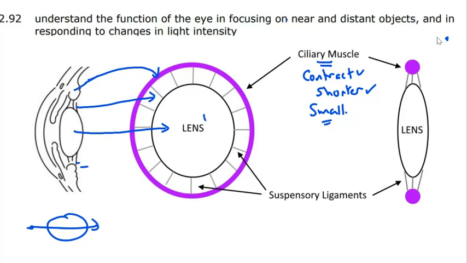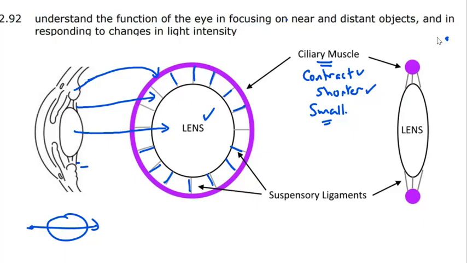The lens is attached to the ciliary muscle by suspensory ligaments, which I'm just going over here again in blue. These suspensory ligaments are like pieces of string, and they cannot contract. So the lens is suspended by the suspensory ligaments from the ciliary muscle.